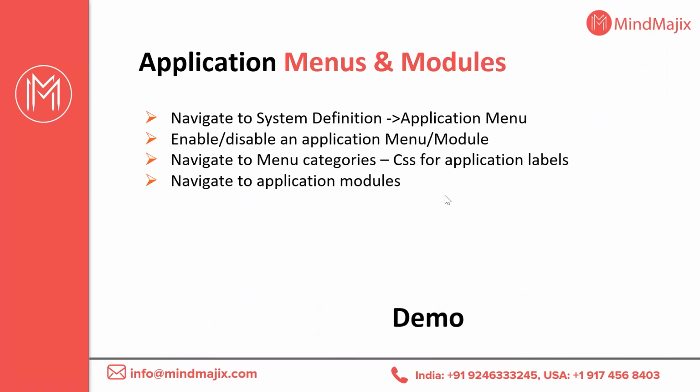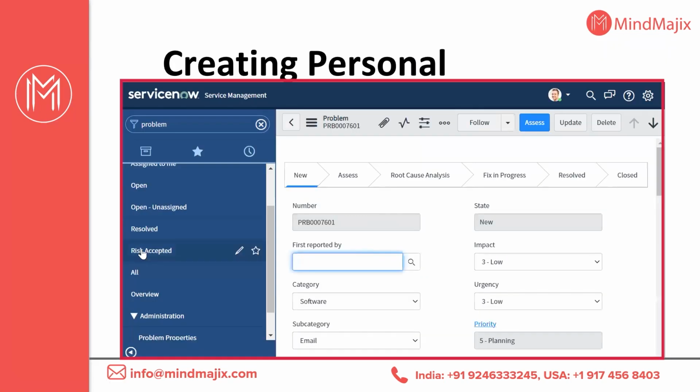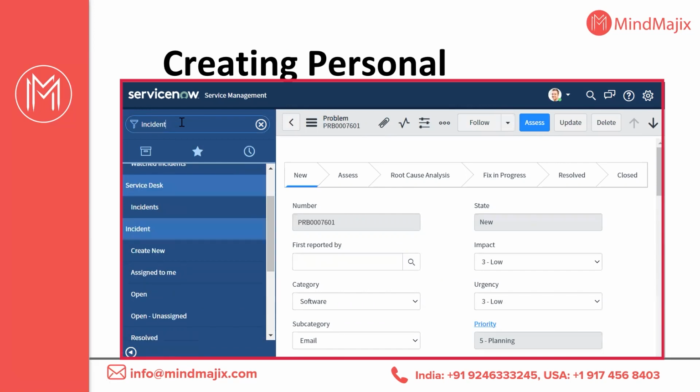With that, we will just see how incidents look. I will give you a brief overview of how to see the incidents in your team, or the incidents assigned to you.